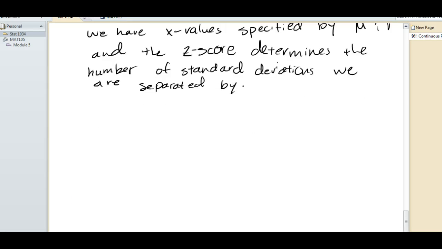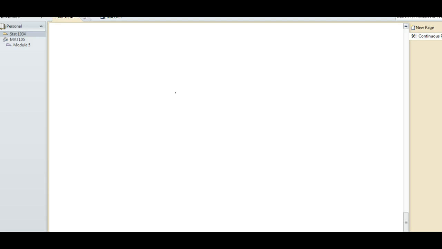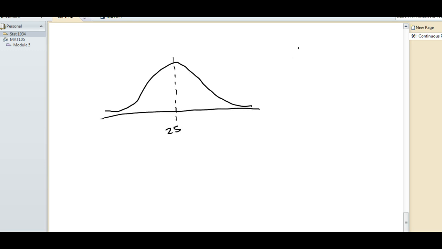We could also go the other way with these normal distributions. For example, let's say we knew an area and a value. So let's say this has the mean, I don't know, let's just say 25. So we have a normal distribution with mu equal to 25. And let's say the standard deviations count by 50s, so sigma here is equal to 50.